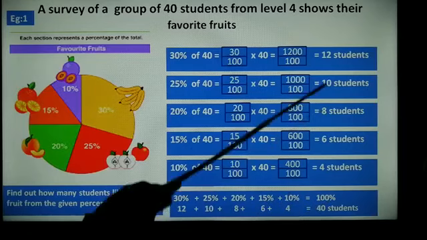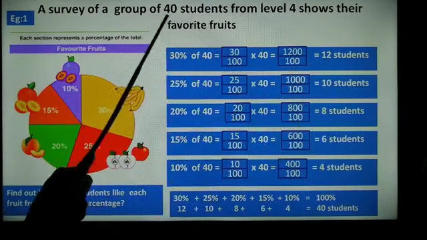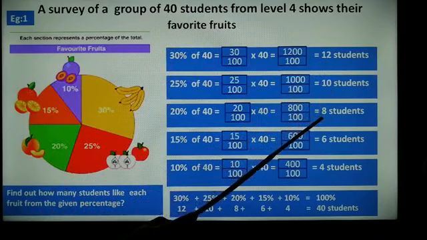In the same way, when you add the number of students, you get the total number. 12 plus 10, 22 plus 8, 30 plus 6, 36 plus 4, 40. Like this you have to check. When you get this answer, your working is correct, isn't it? Okay, now we will move to the second example.